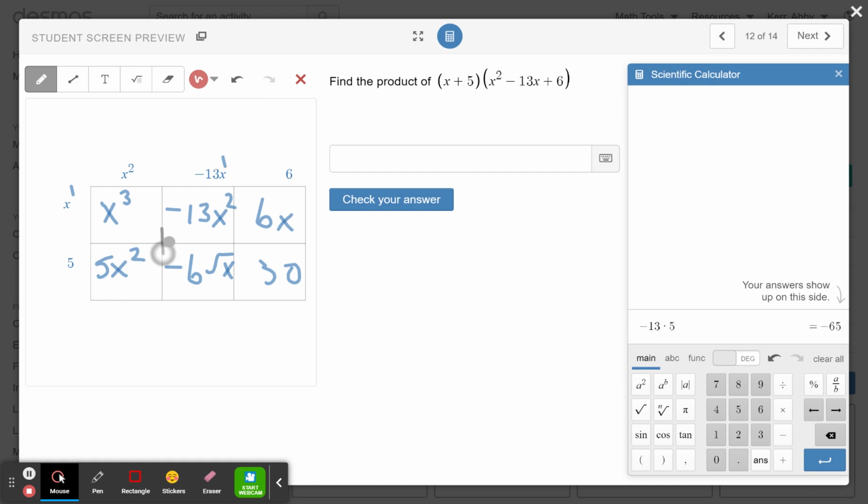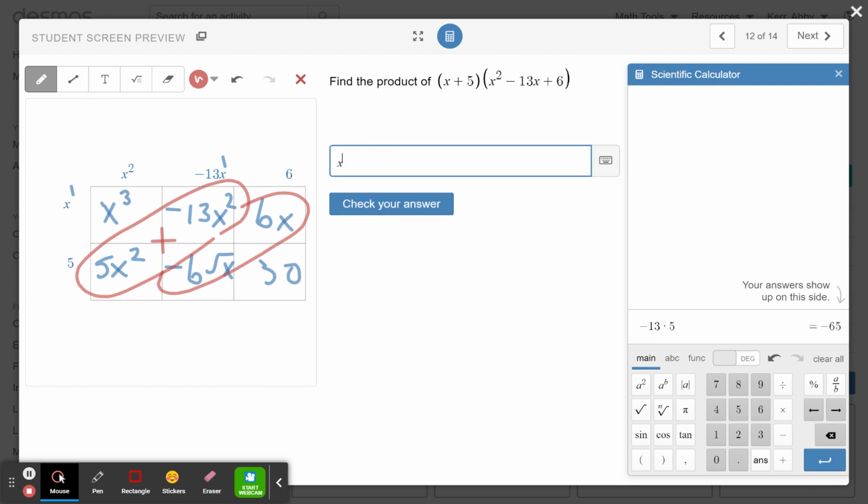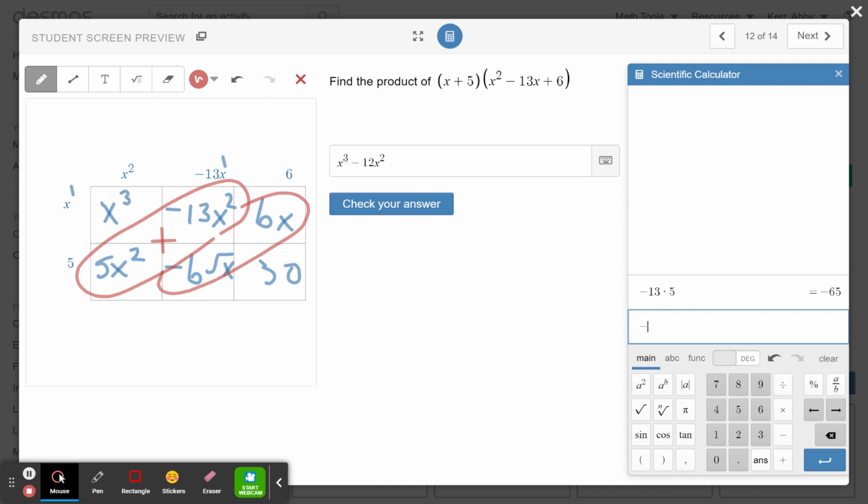When you combine like terms, you do nothing to the exponents. So we have x to the third minus 12x squared. Do nothing to the exponents when we're adding. If you're not sure, negative 65 plus 6 gets you a negative 59. X, and then plus 30.